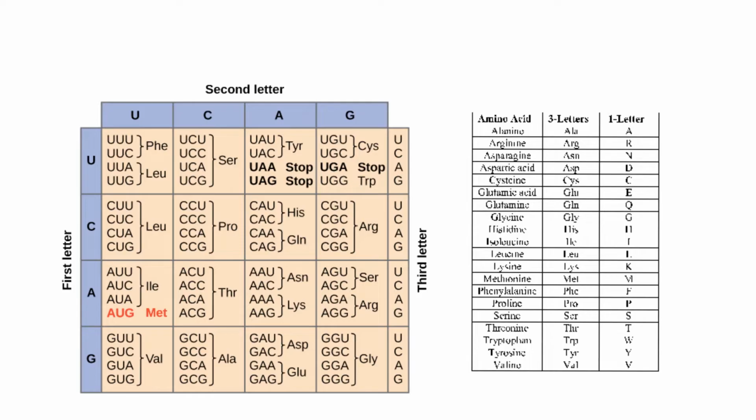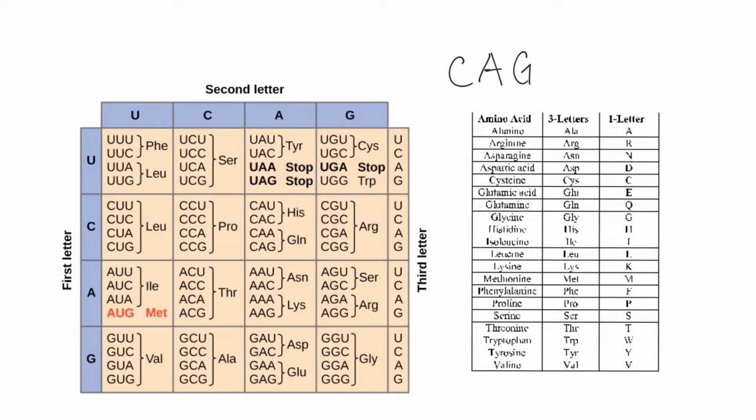We're going to do the codon CAG. That's going to be our three-letter mRNA sequence that's going to code for a specific amino acid. The way this works is we need to look at each letter individually.